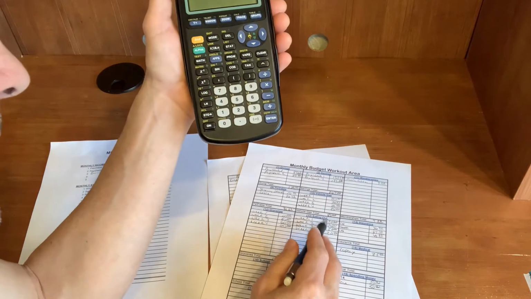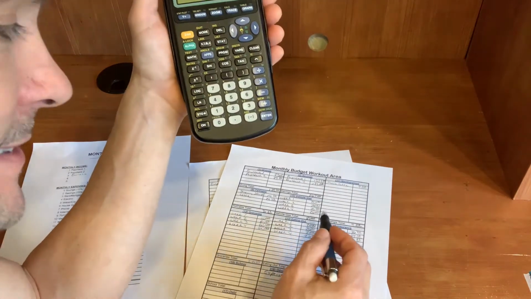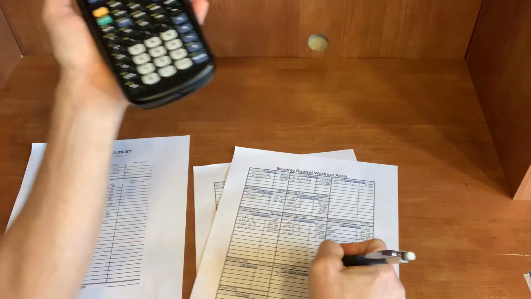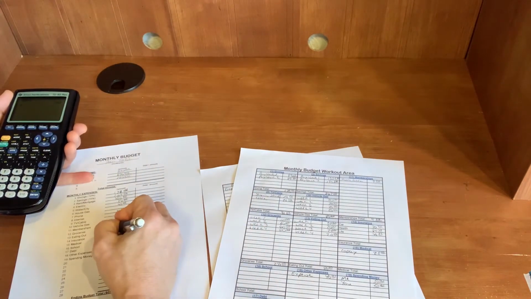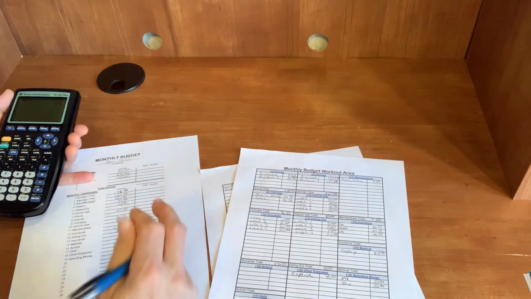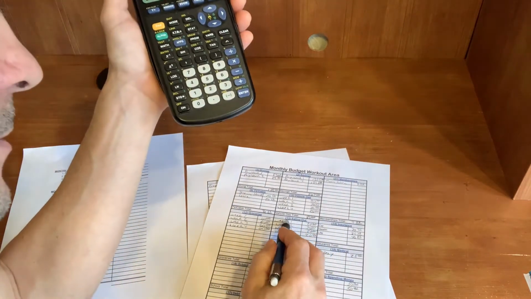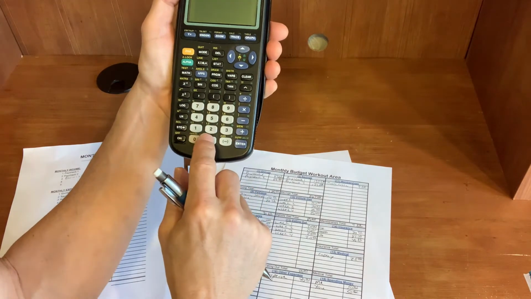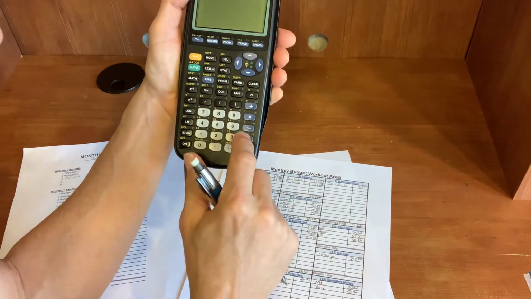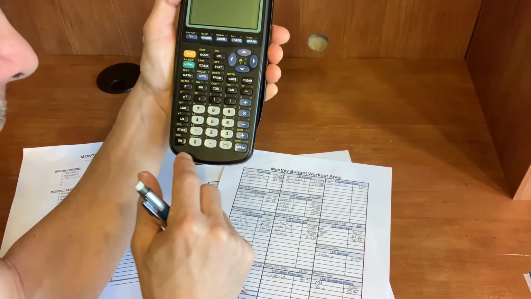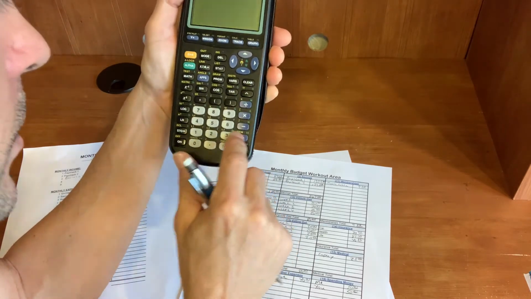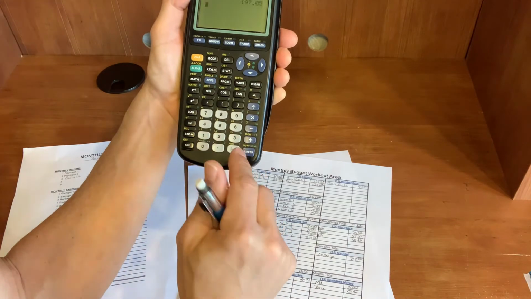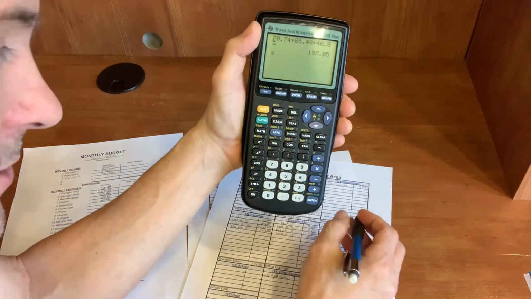Boom. That one's done. Eating out, we know that's a lot of 20s, so that's $80 right there. Eating out, transfers over here, 80. Okay, now we're moving, that was 13, we're moving to 14. Now we're doing our insurances, 70.74 plus 85.48 plus 40.83 equals 197.